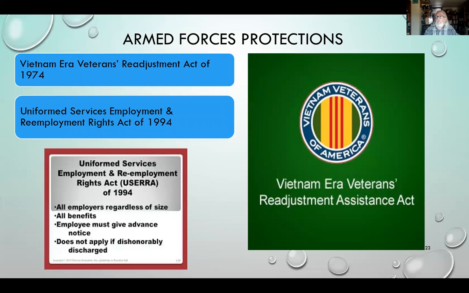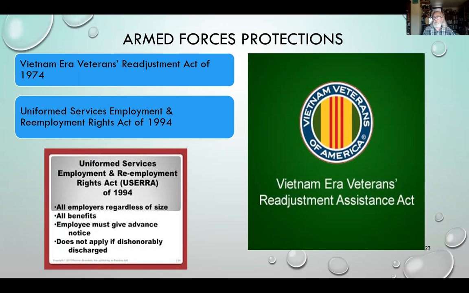Armed forces members also have protections under the law. The Vietnam Era Veterans Readjustment Act of 74, amended later and so forth, really says that contractors are required to take an affirmative action sort of stance to employ and advance disabled veterans. And in particular, this was about veterans when it came out at the time of the Vietnam era, qualified veterans.